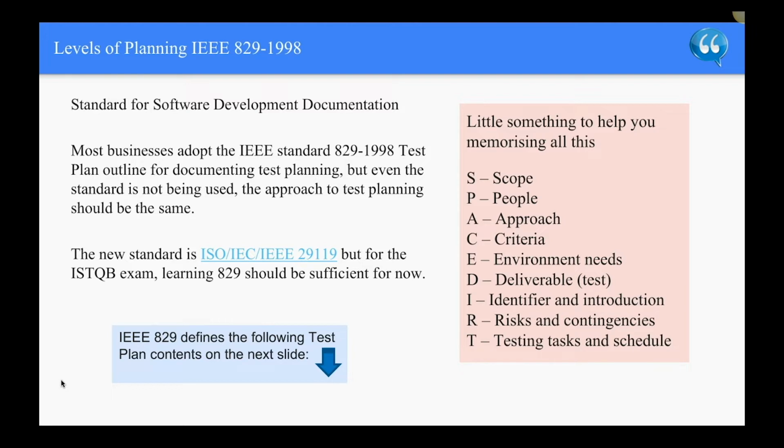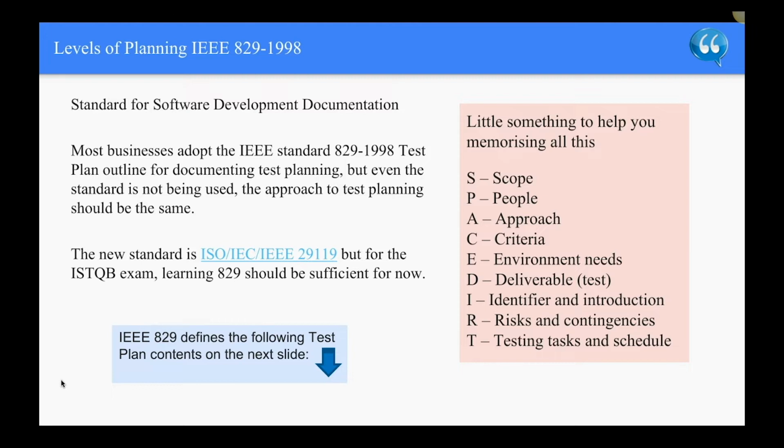The little something to help you memorize all these is SPACEDIRT. S for scope, P for people, A for approach, C for criteria, E for environment needs, D for deliverable test, I for identify and introduction, R for risks and contingencies, and T for testing tasks and schedule. This is just something for you to remember while you're doing the exam. I found it quite useful.